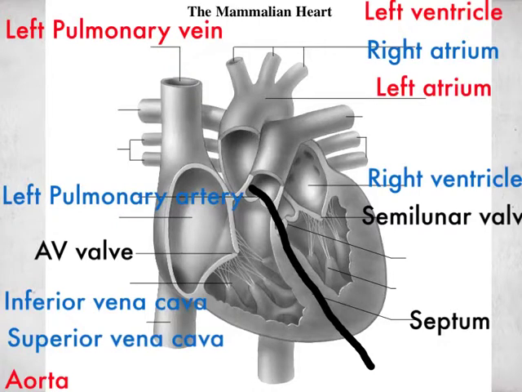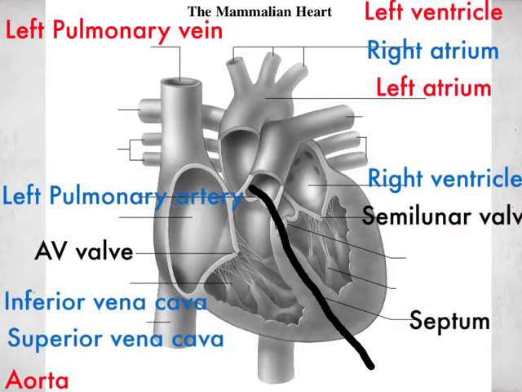Now there are actually two, and the AV valve stands for atrioventricular, and it basically means it's in between the atrium and the ventricle. This is an atrium, and this is a ventricle. Atria are the chambers on the top of the heart, and the ventricles are the chambers on the bottom.